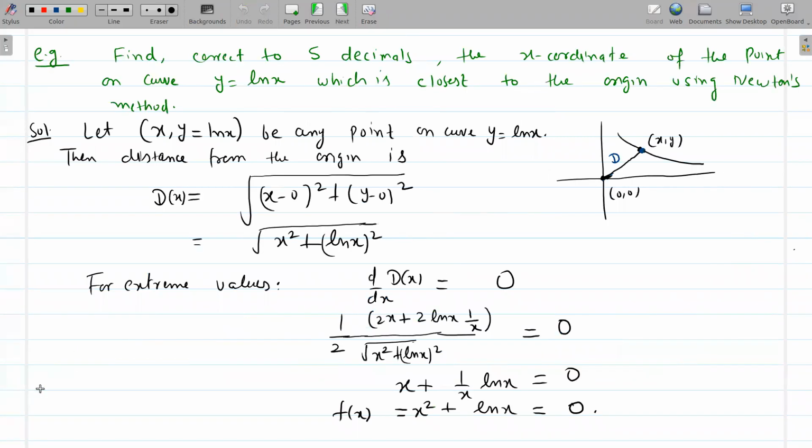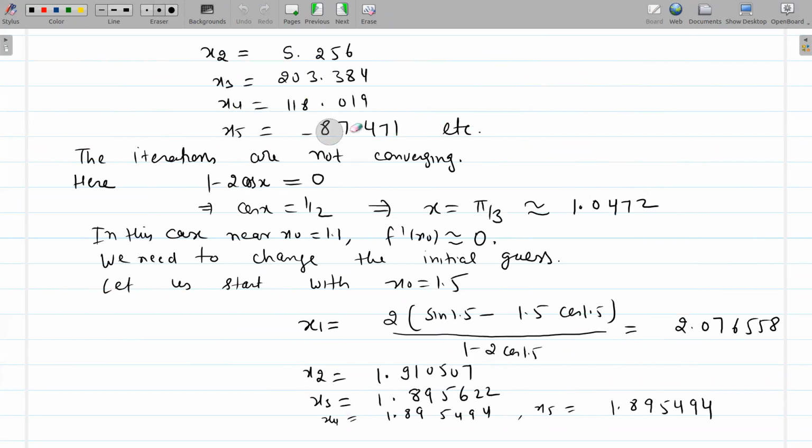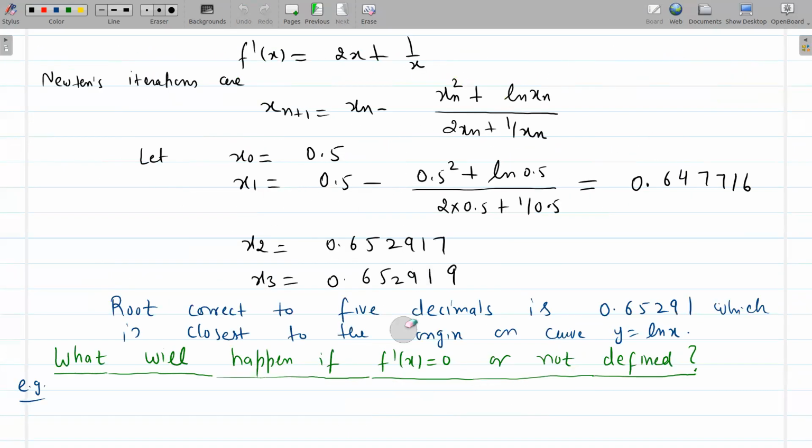We have already done one before, like the first example. In the first one the derivative was 0, so you are not getting convergence. But here I am saying that the derivative is 0 at the root, or you can say what will happen if f'(x) equals 0 or is not defined at the root x equals r.